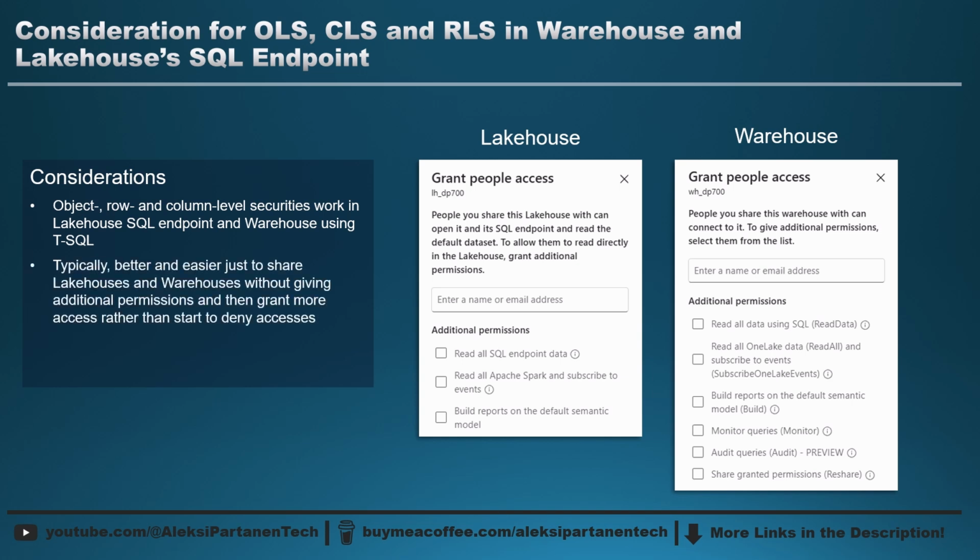It is usually better and easier to start by giving users only basic access, just enough to open the Lakehouse or Warehouse, and then add more permissions as needed. This is often much easier than giving too much access and then trying to take it away later by using deny statements. This approach follows what is called the principle of least privilege.